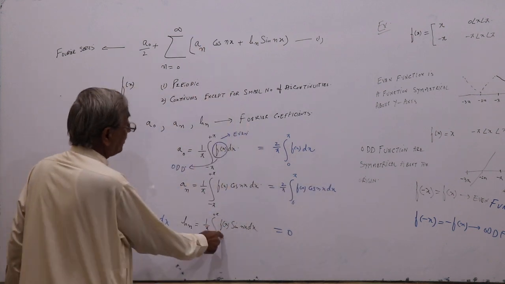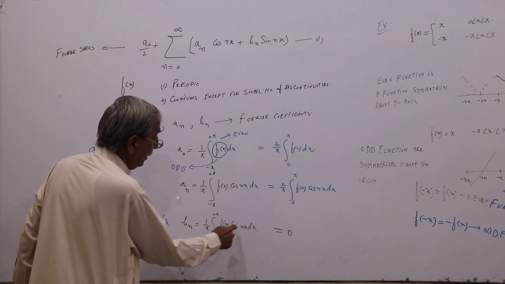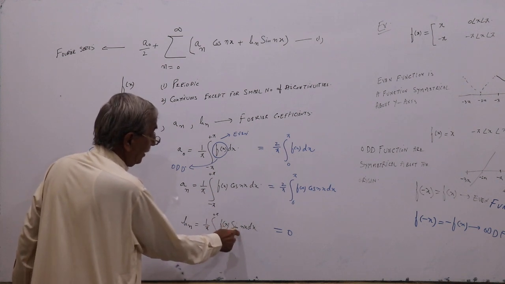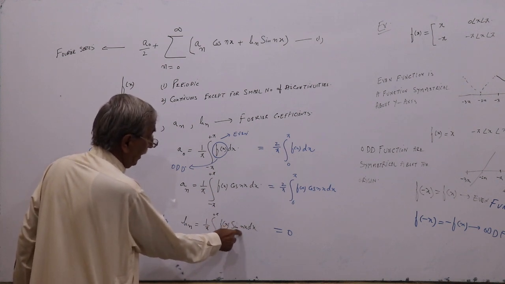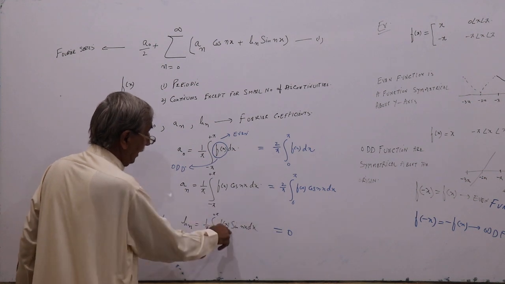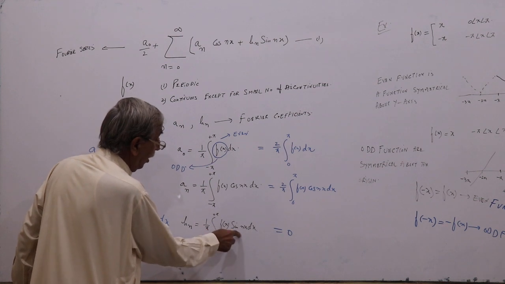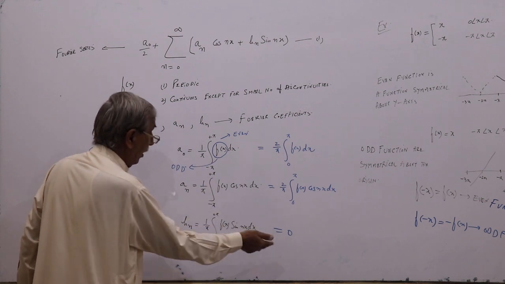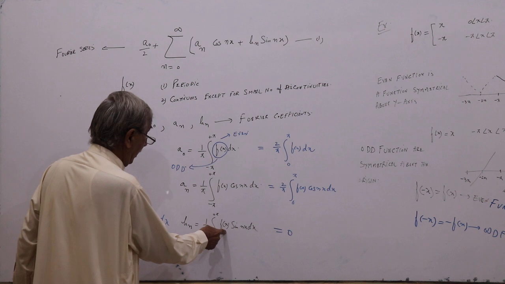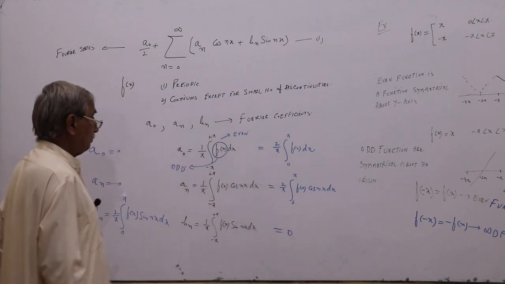And since f(x) is even, sine nx, because if you replace x by minus x you get minus sine x, is odd. Odd into even is always odd. So this integral is odd and the result is 0.